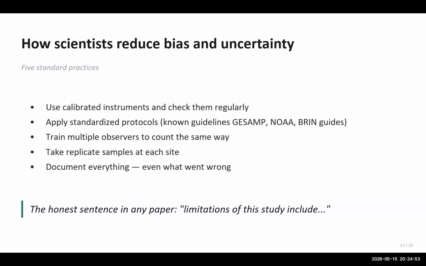Another thing is to apply standardized protocols, like I mentioned before. For example, in the case of plastics, we have many international guidelines, like from GESAMP, from the UN, NOAA, which is from the US, and so on. Maybe BRIN in Indonesia also has its own guidelines. These are protocols already proven because they work.